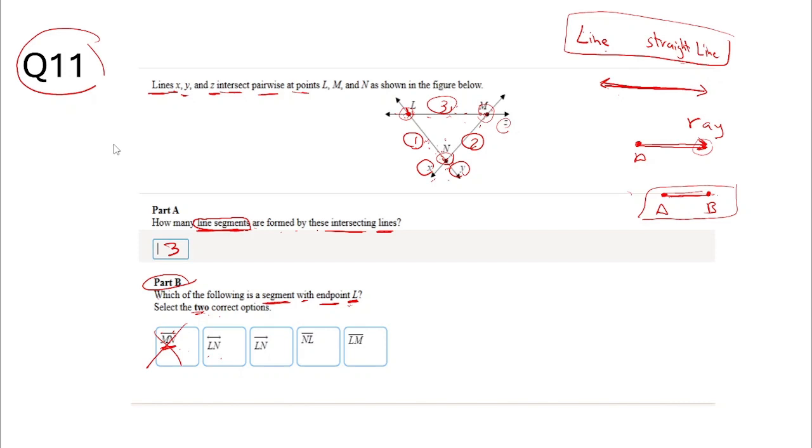L is one of the endpoints, but here, if you see, it has 2 arrowheads. A line segment has 2 ending points. So this one is wrong. Okay, LN, but here there is an arrowhead. So this answer is wrong.